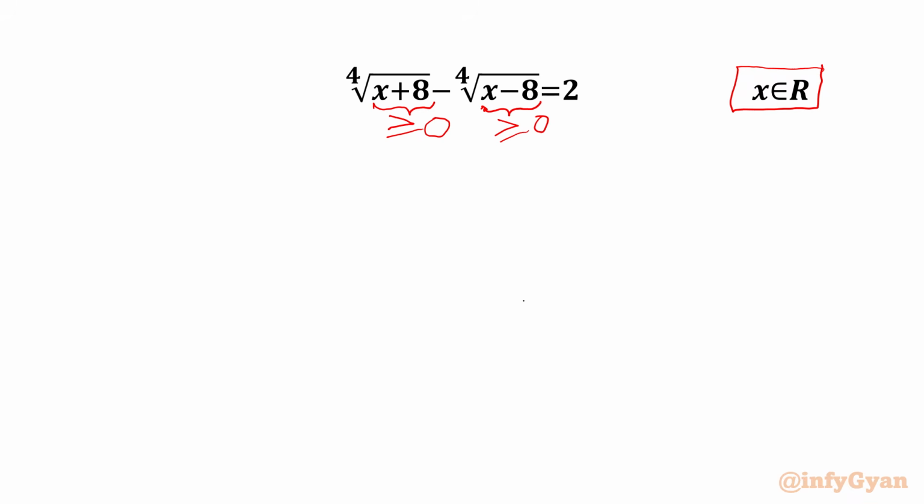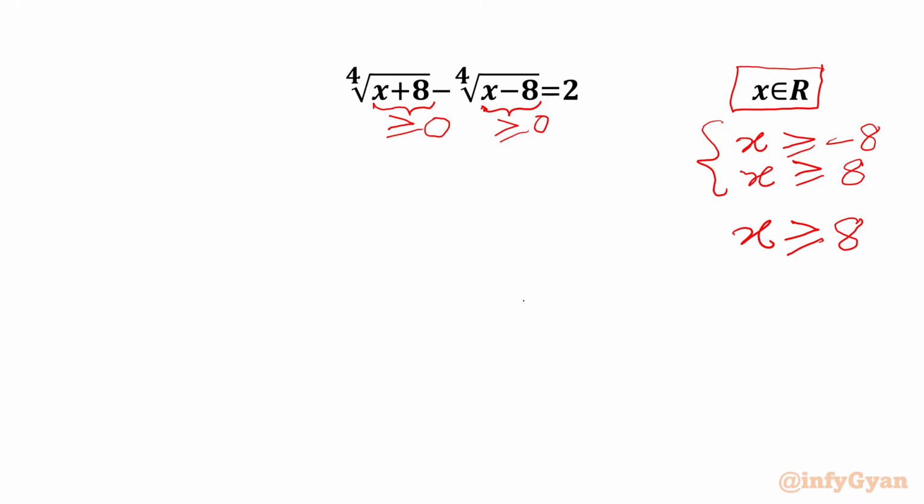From the first inequality, we will write x should be greater than or equal to minus 8. From the second inequality, we will get x should be greater than or equal to 8. After taking the intersection of these two conditions, we will get x should be greater than or equal to 8. If x is greater than or equal to 8, then we will have real solutions.